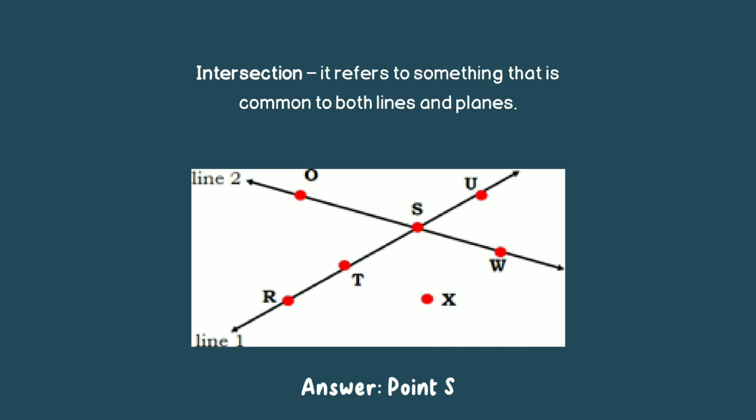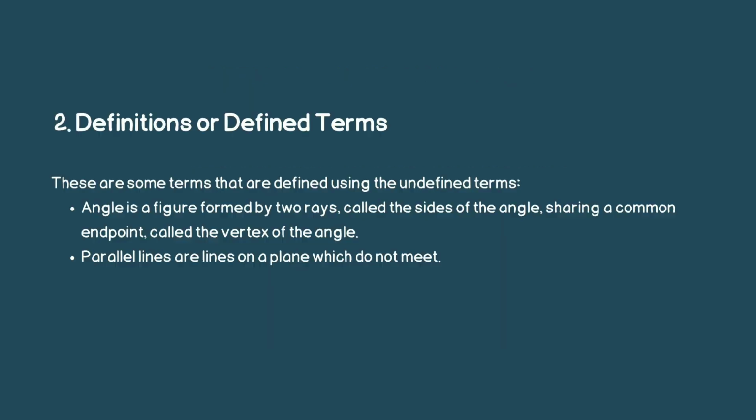Another component of the mathematical system is definition or defined terms. These are terms that are defined using the undefined terms. For example, we have angle. Angle is a figure formed by two rays called the sides of the angle, sharing a common endpoint called the vertex of the angle.